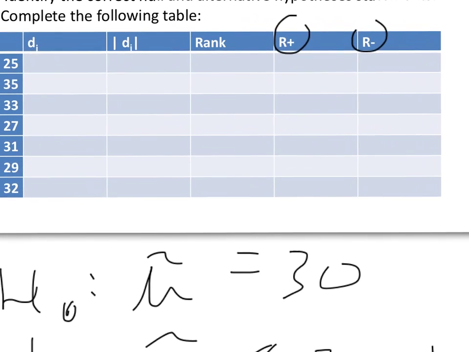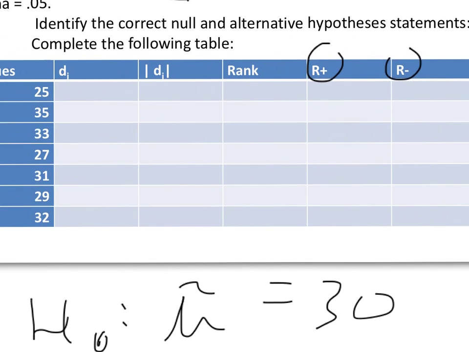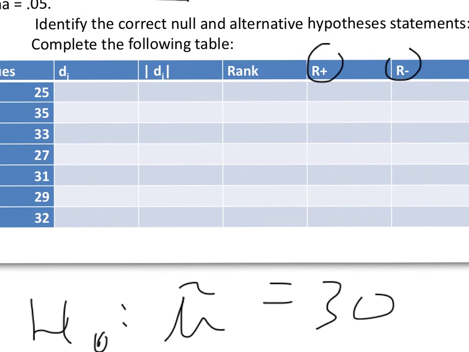I'm going to make this a little bit larger and see if we can fill this in somewhat legibly. What is the difference between the hypothesized median, which as you recall was 30? We subtract that from each of these values to get the difference. So 25 minus 30 is a negative 5. Here we have a positive 5.